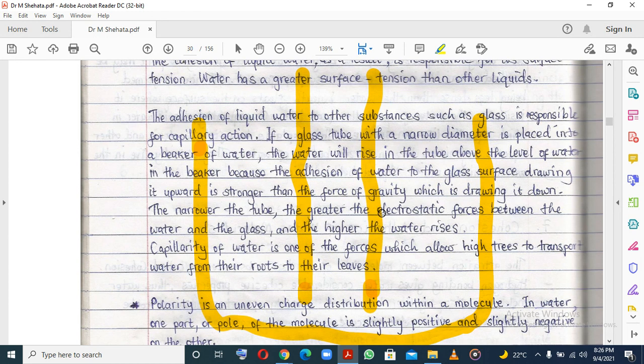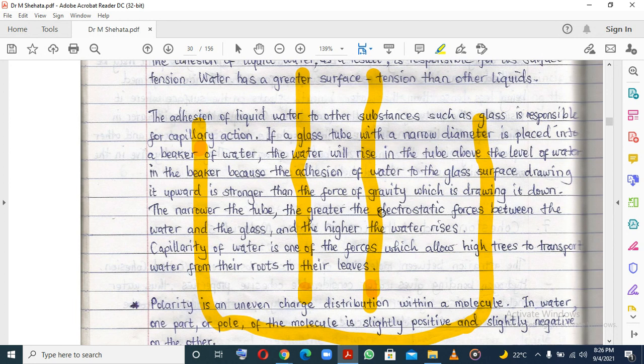So what's going to happen is that the water will rise in the glass tube above the level of water in the beaker, because the adhesion of water to the glass surface, drawing it upward, is stronger than the force of gravity drawing it down.